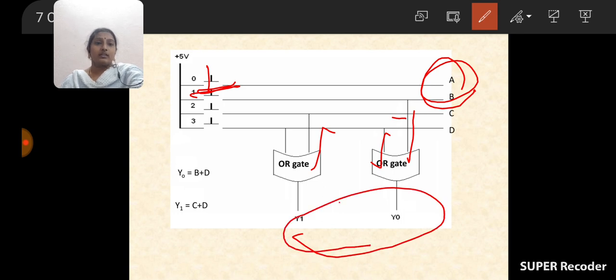Why? Because these two gates are not connected to the line A. And by pressing 1, it is connected to B. So one of the input is high, so output is 0 and 1.